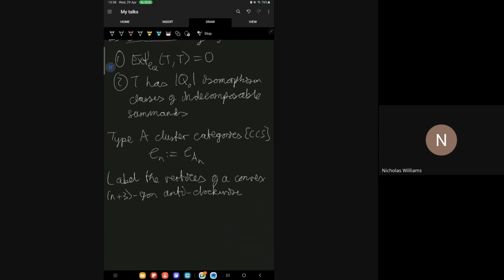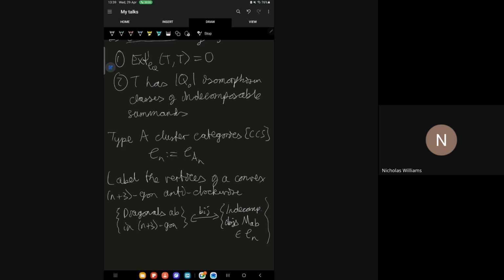Then we have a bijection between, on the one hand, diagonals AB in this n+3 gon, and these are in bijection with the indecomposable objects M_AB in this type A cluster category.